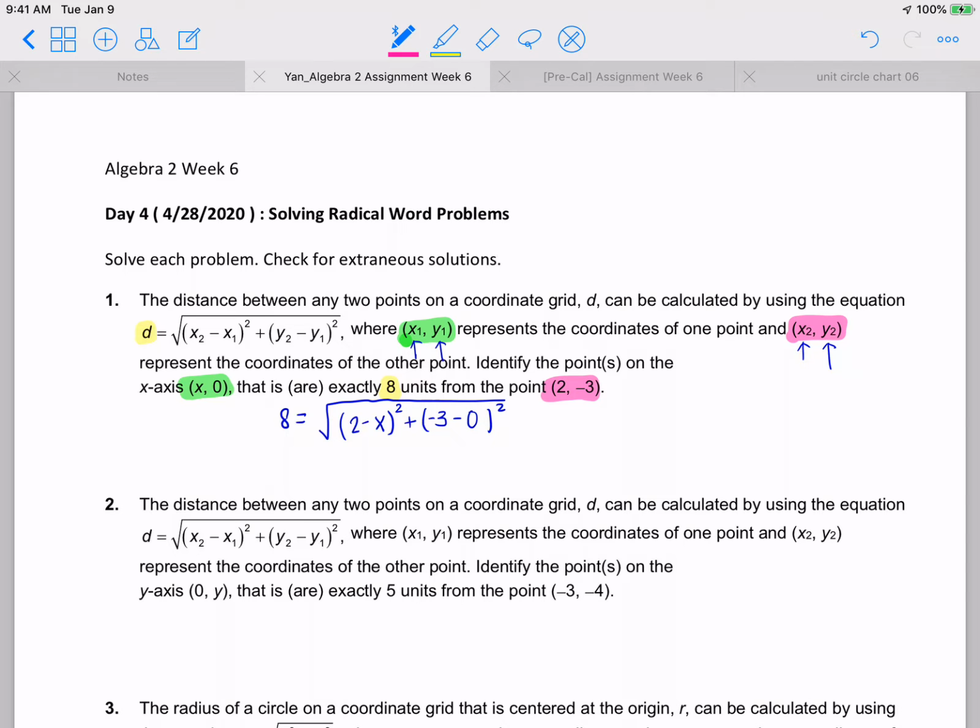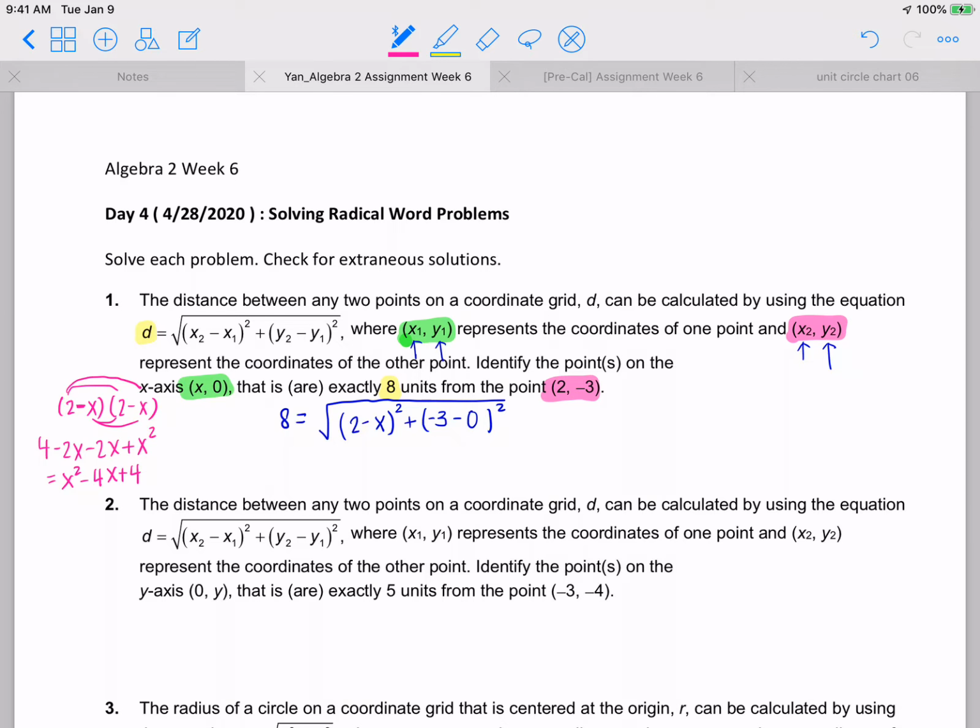So let's look at 2 minus x squared. That one we actually need to do some work on the side. 2 minus x times 2 minus x. Like the previous pages, we have to multiply using distribution. So we get 4 minus 2x minus another 2x plus x squared. So we're going to end up having x squared minus 4x plus 4.